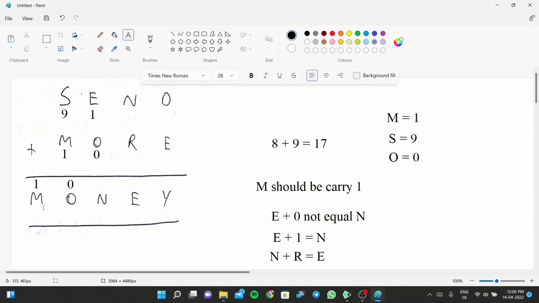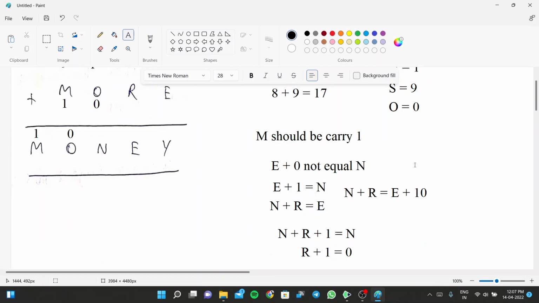So what can we do? This is a contradiction, so here we can build another relation, that is n plus r is equal to e plus 10. That gives me n.